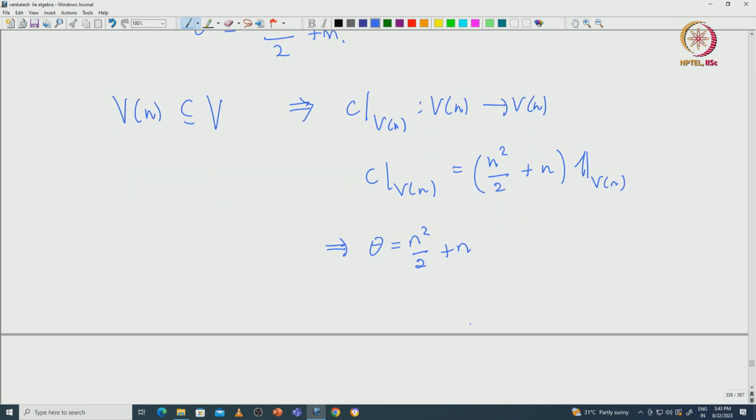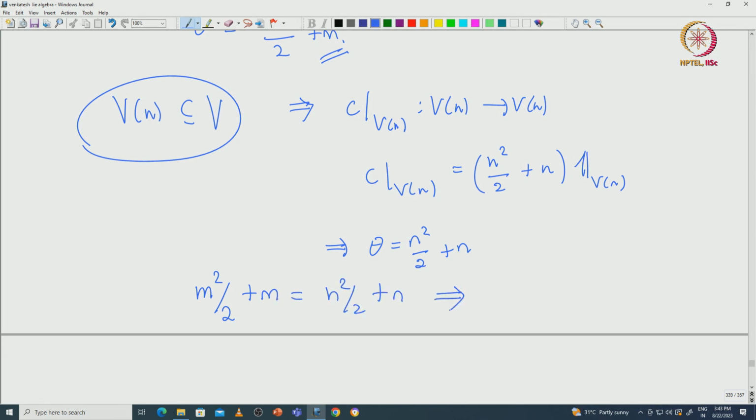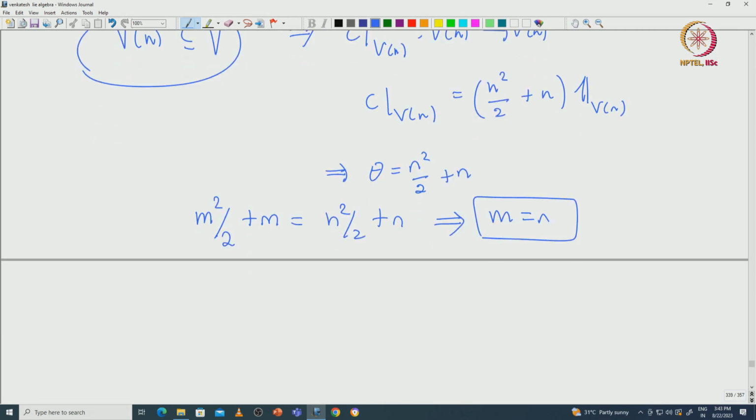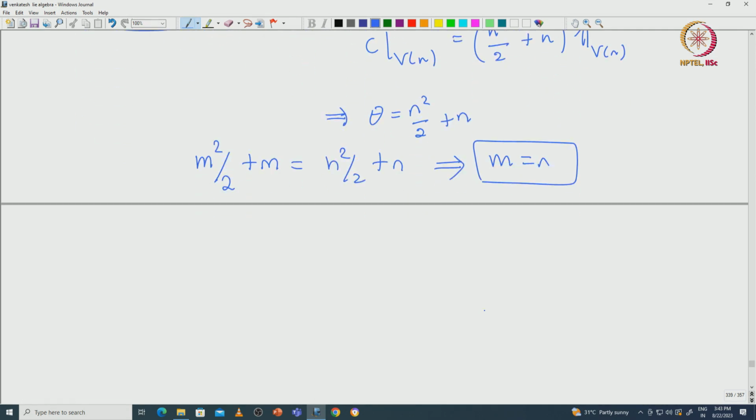So, if m is fixed and this is another one, then this forces that m squared by 2 plus m must be equal to n squared by 2 plus n. But this is a quadratic polynomial having only one non-negative root, so those must be the same. That is easy to see. So, that proves that any other irreducible sub representation of this capital V must be a copy of V of m. There is nothing else that can sit inside capital V.